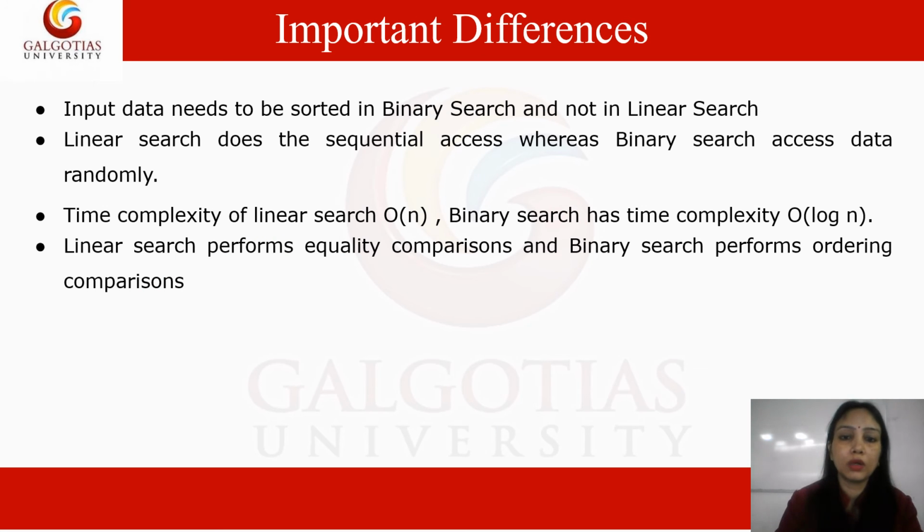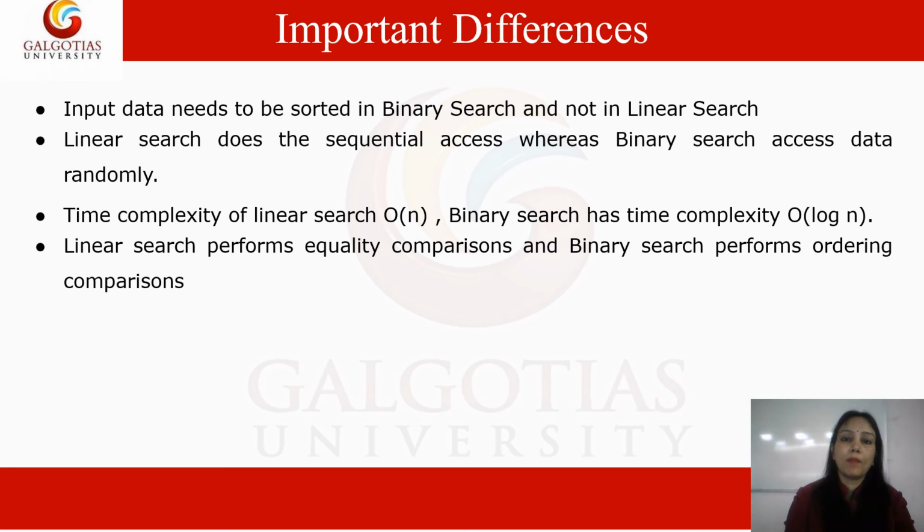So what do we conclude? I'm telling you the important differences one by one. Input data needs to be sorted in binary search and not in linear search, right? Linear search does sequential access, whereas binary search accesses data randomly.